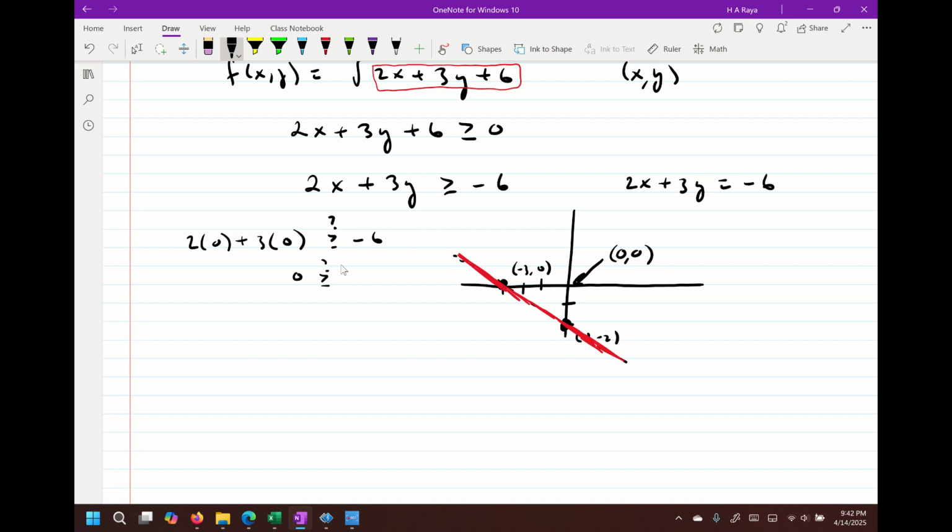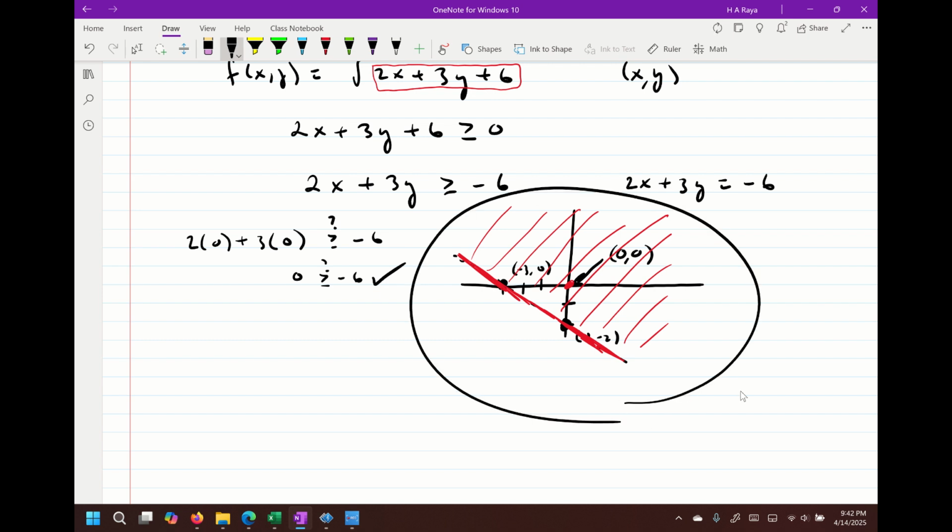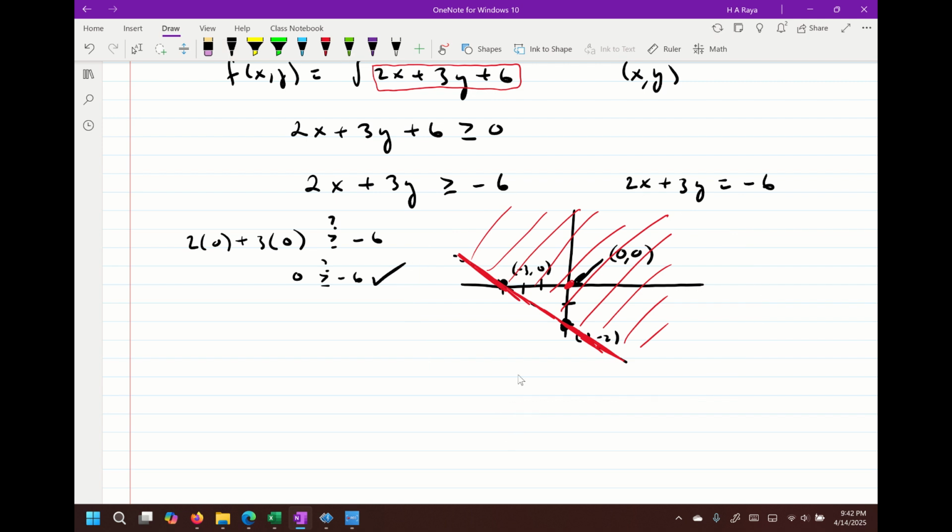Is 0 greater than or equal to negative 6? Sure is. So since this point is valid, then all of the other points in that region are going to be valid as well. So this collection of x's and y's on the xy plane are part of the domain of your function f of x, y.